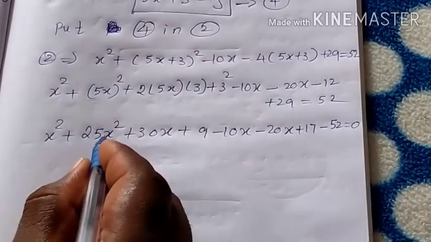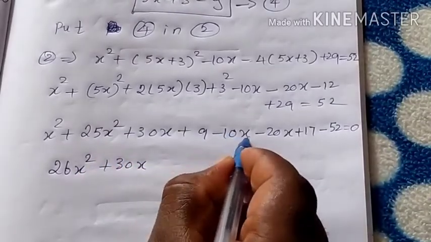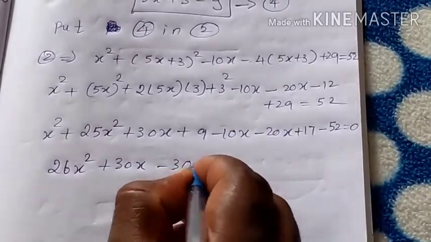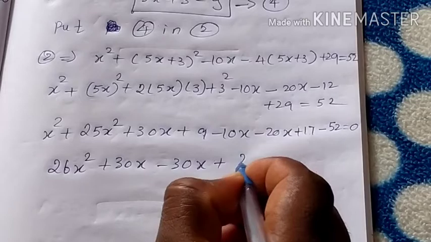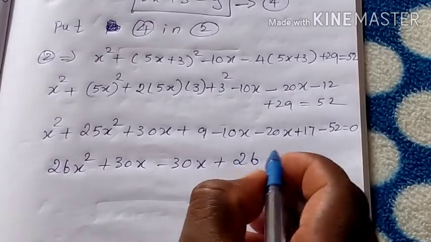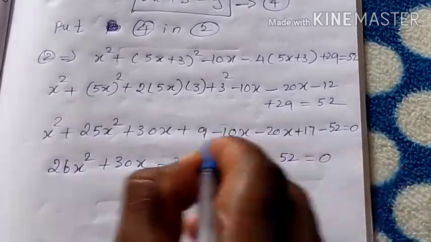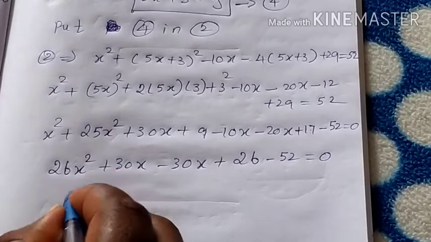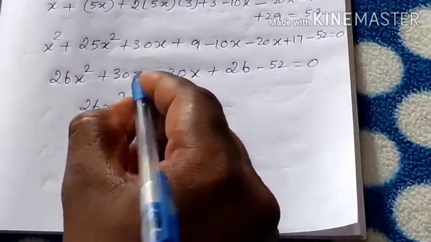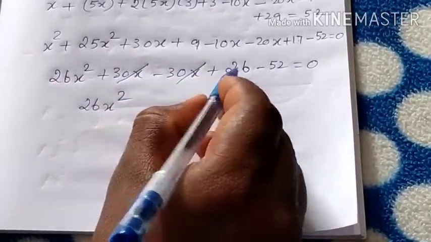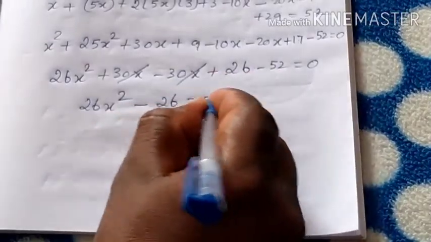Then x squared plus 25x squared is 26x square, plus 30x minus 10x minus 20x totally minus 30x. Plus 9 plus 17 is plus 26 minus 52 equal to 0. Then 26x square, 30x minus 30x are cancelled, plus 26 minus 52 is minus 26 equal to 0.